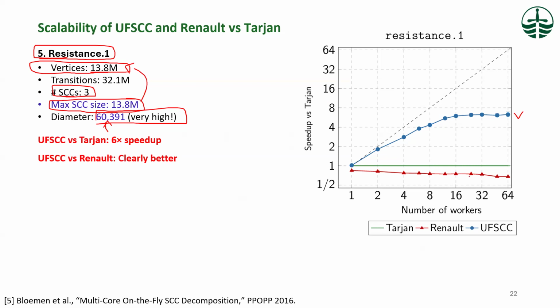And again, Renault is failing. It gives the best performance with 16 cores, and we have 64 cores. 16 cores already reach the best performance, and the rest are wasted. After 16, maybe it is having trouble with memory contention.